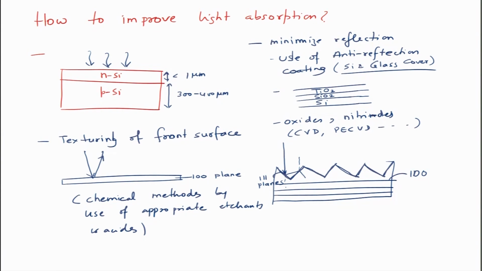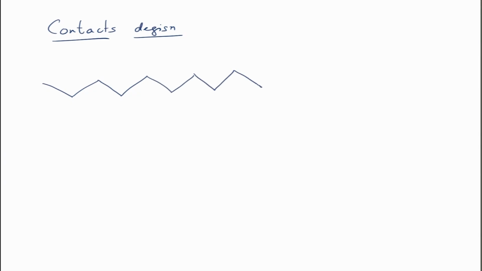Second strategy that you can adopt is to improve the contacts design. So, of course, you have the textured surface, and if you want to put contact on it, of course, you will have to put contact because you want to extract the charges. When you put the contact like this, which is a metallic contact, okay.